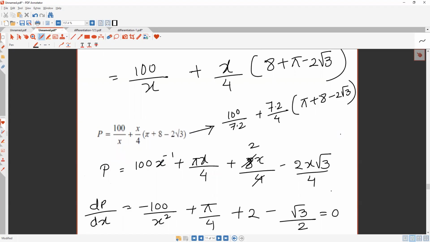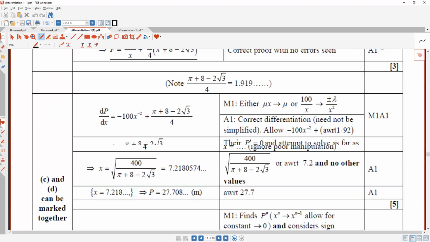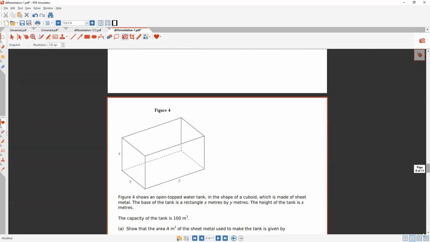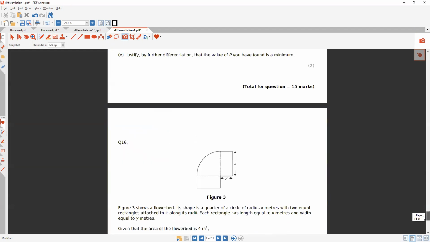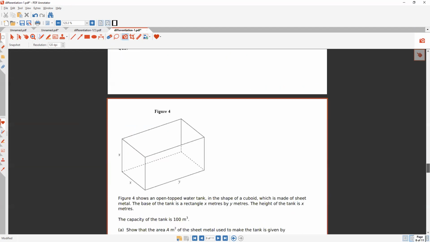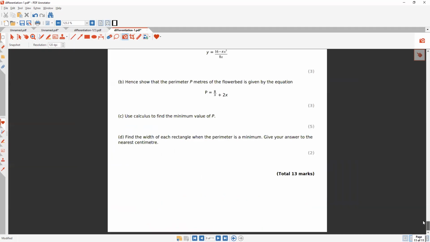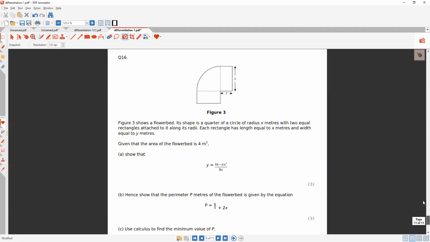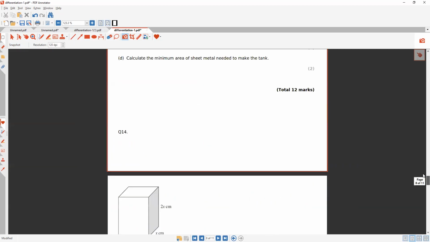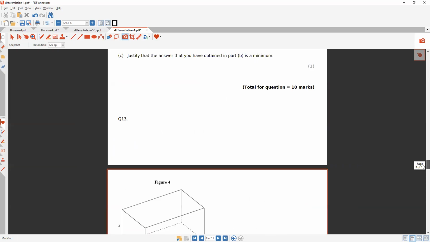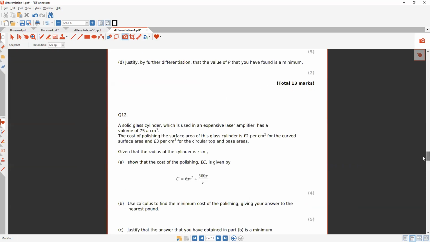So I'm ending this class as well. Now please write down the homework, everyone. Homework is from the differentiation file. Write down question numbers 12, 13, 14, 15, 16 from the differentiation 1 file.